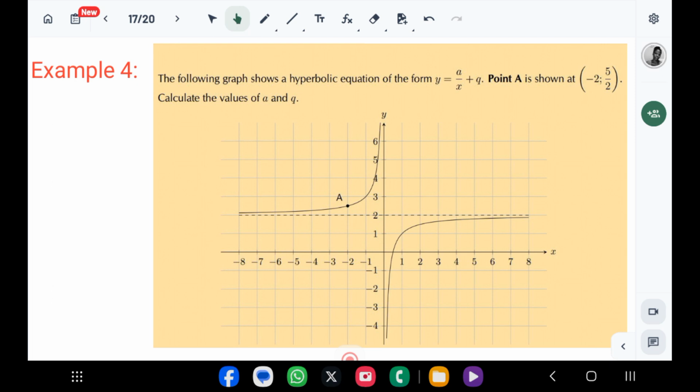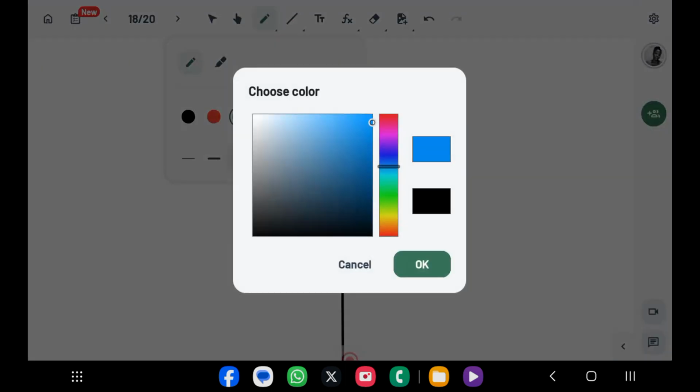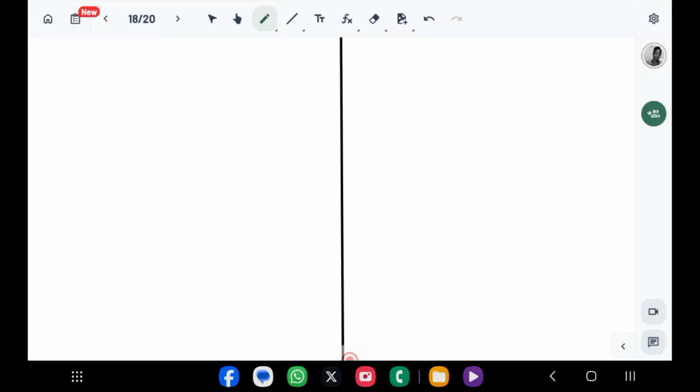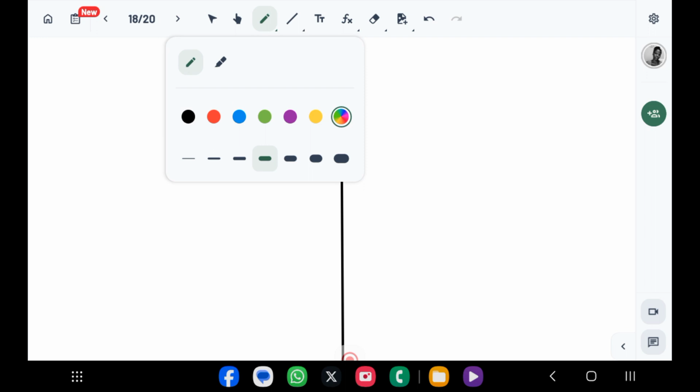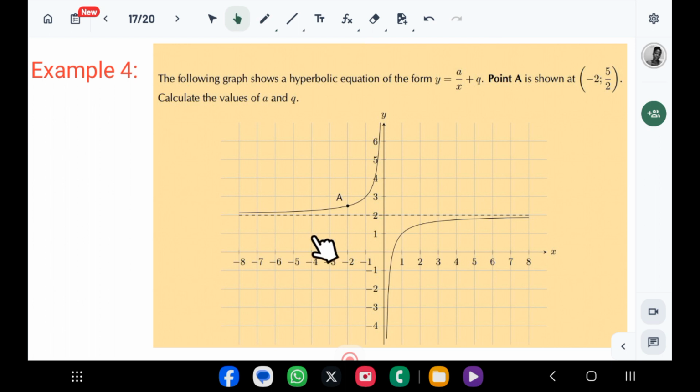All right. Y equals a over x plus q. The graph has been shifted 2 units up. Look at the asymptote.